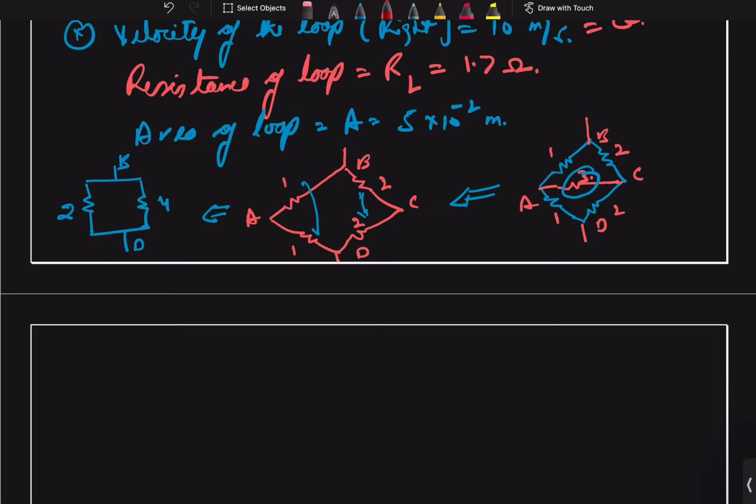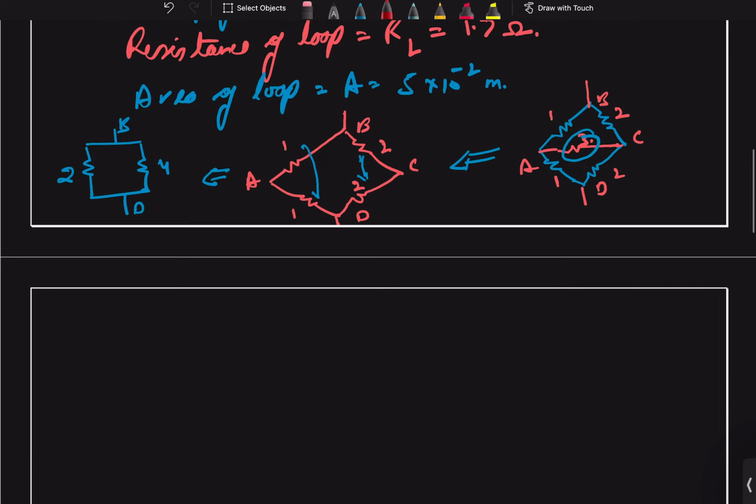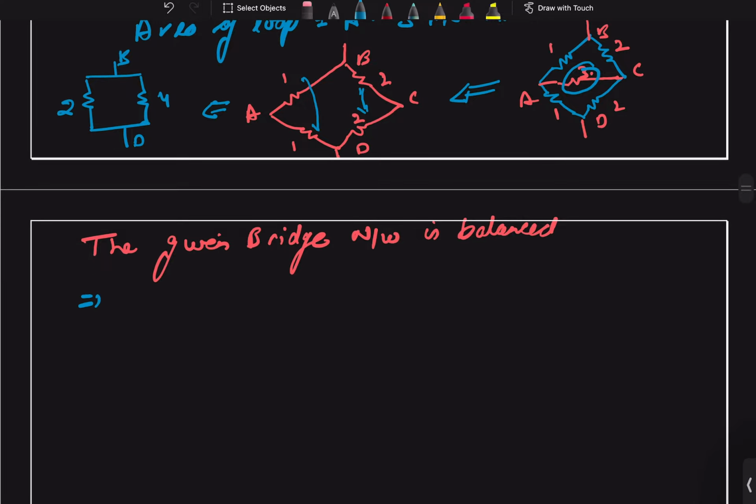So we can say the given bridge network is balanced. Therefore, we can remove the 3 ohm resistor.